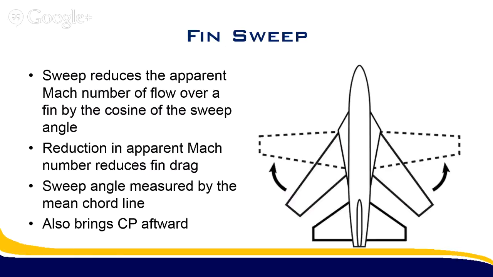But the interesting thing that you get out of that is wing sweep or fin sweep actually reduces the effective Mach number over that surface. And if you remember the relationship between Mach number and the drag coefficient, if you can reduce that effective Mach number, you'll actually reduce that drag coefficient.